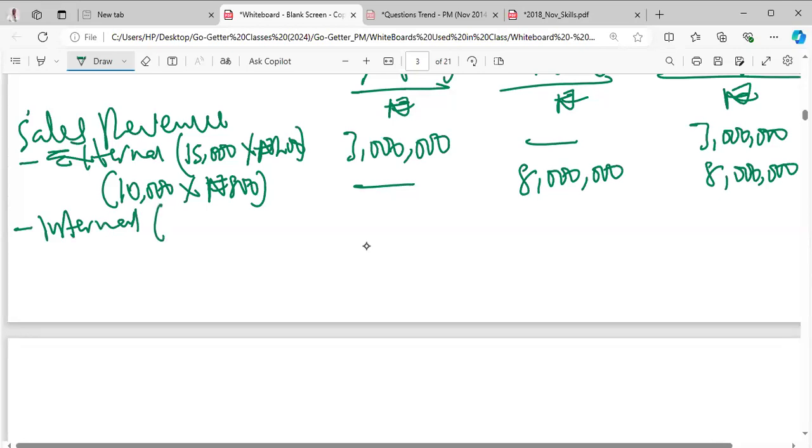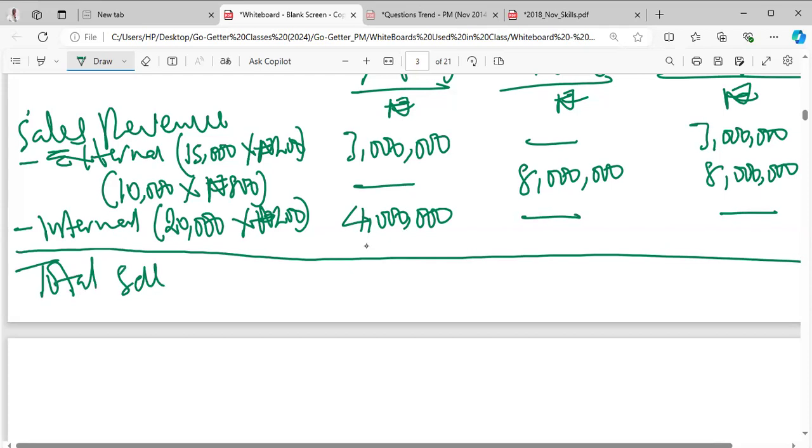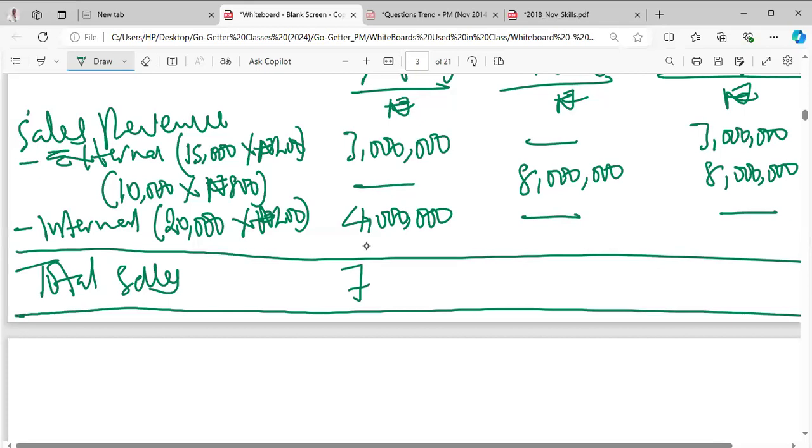We are selling the whole 20,000 for the internal at 200, that's going to give us 4 million, because it doesn't affect here. So our total sales will give you 3 plus 4, that's 7 million. This will still give us our 8 million, and this is still going to give us 11 million.